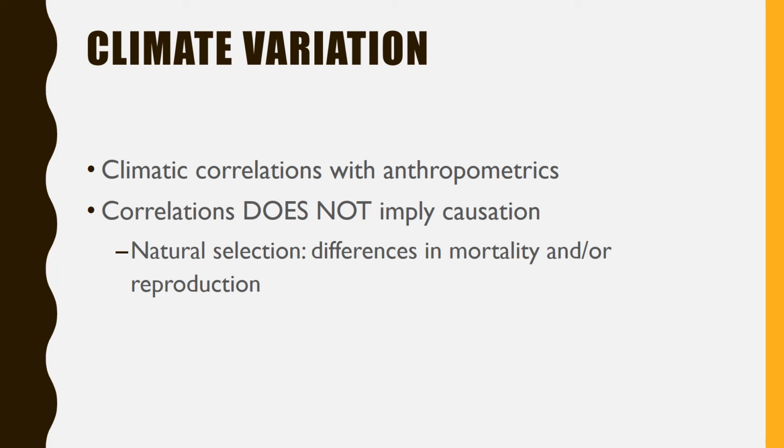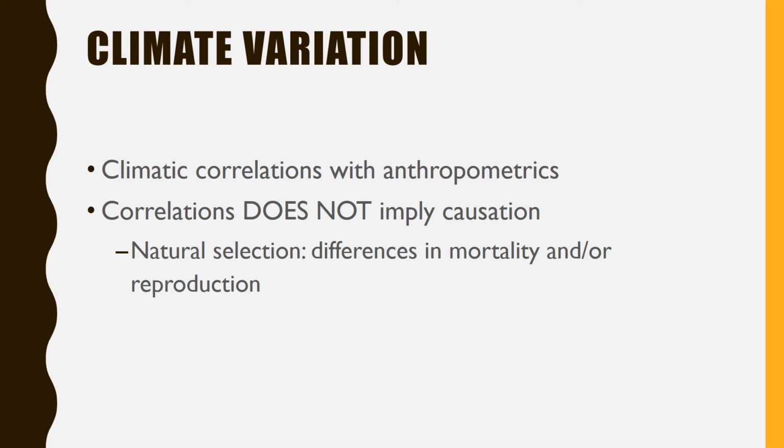I should note here that in these studies and in all of the previous ones that we have discussed, these are studies that are primarily based upon correlations and show that there are climatic correlations with anthropometrics. In other words, just because a correlation exists, this does not imply causation.